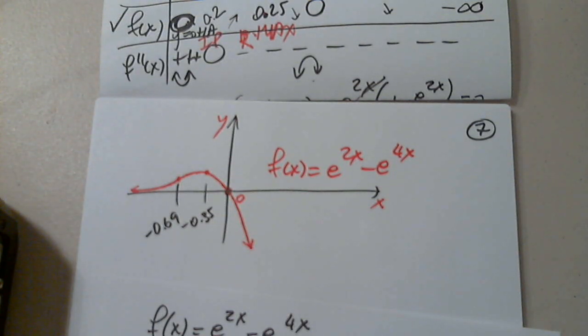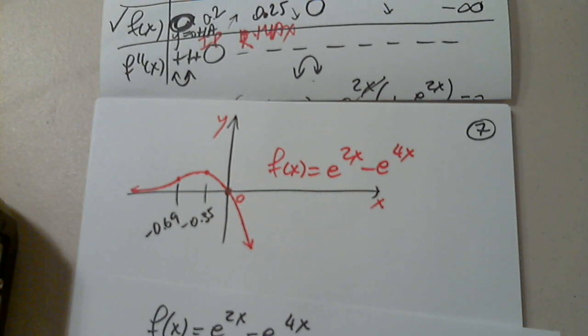So therefore, I will go to the viewing window and I will instruct the calculator to use -2 to +2 with a scale of 0.5 and y minimum, let's say -3, and y maximum not more than 1. I know that the height is 0.25 with a scale of 0.25. I adjusted the viewing window based on my calculations and based on my graph, because otherwise I will not see anything, or pretty much nothing. Okay, now I'm ready.